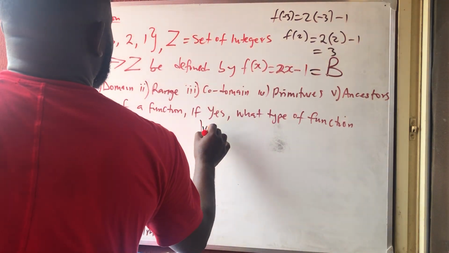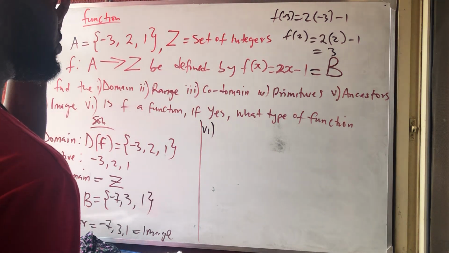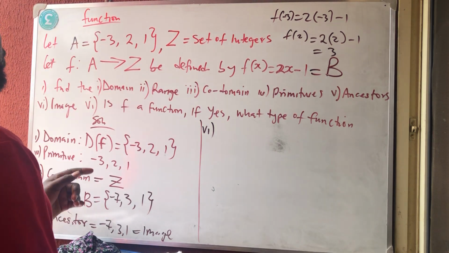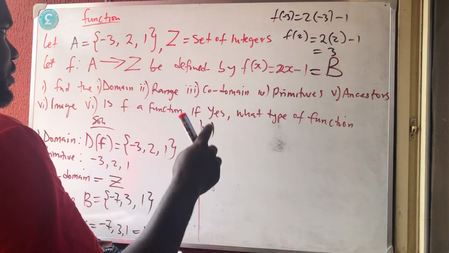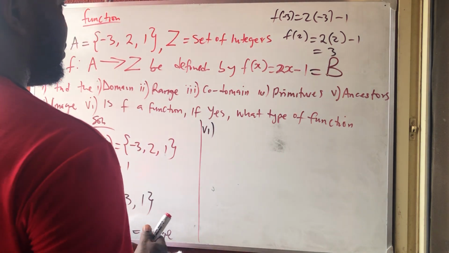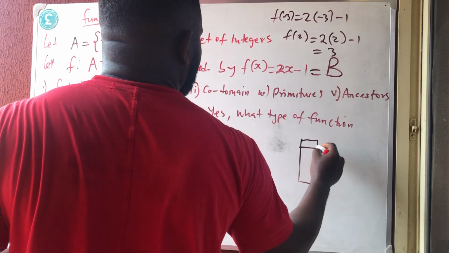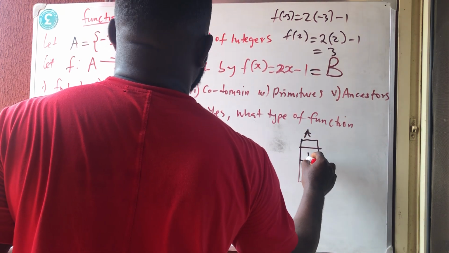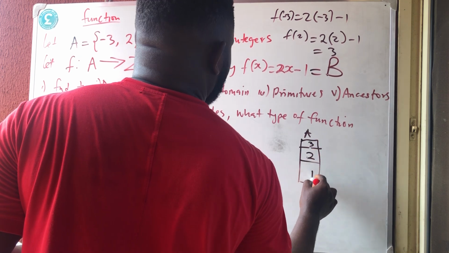So the next one we're going to solve is VI. Is it a function? A function is when you have one person producing one, or many people producing one. Let me draw this and see how it looks. This is my A, with -3, 2, and 1.